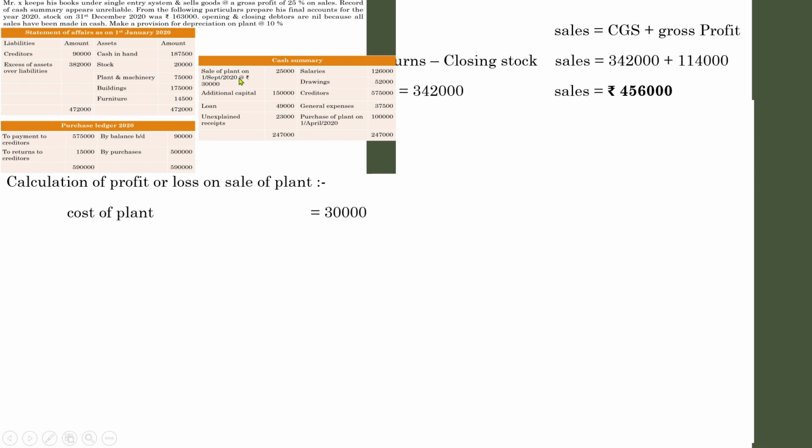At initial glance we can see that 30,000 is the value, 25,000 is the sale amount, so 5,000 loss. Never do it like that, because profit or loss on a particular asset is computed by comparing the sale amount, this one 25,000, and not the cost.